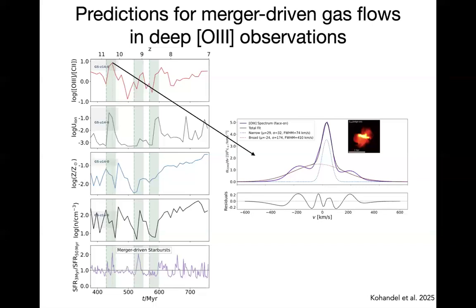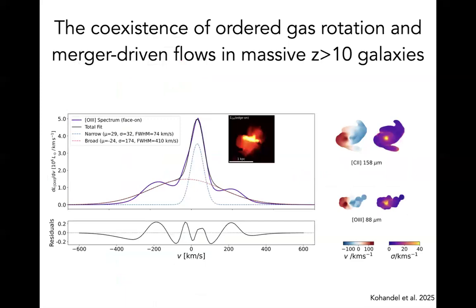I wouldn't go further with this kind of modeling in terms of the broad emission lines, because already at this very high redshift, disks are in place. So rotation is in place. And having rotation at this very high redshift means that you have this kind of complexity in your kinematics modeling, so that fitting your profile with two Gaussians is really an oversimplification.